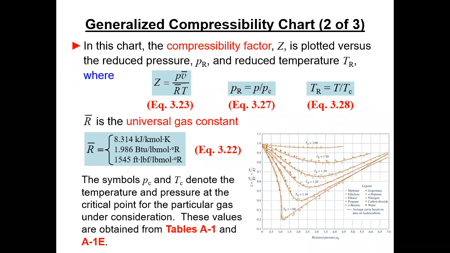Okay, symbols PC and TC denote temperature and pressure at the critical point for the particular gas under consideration, and those values come out of the tables that you have. Equation 3.23, is that specific volume?